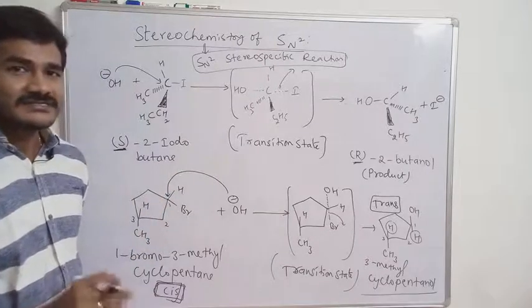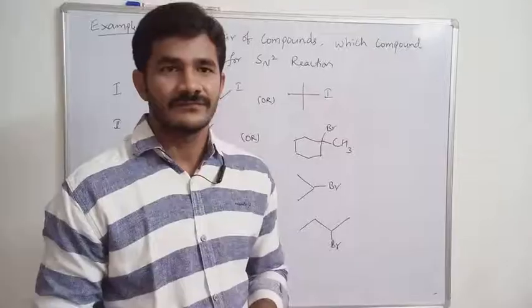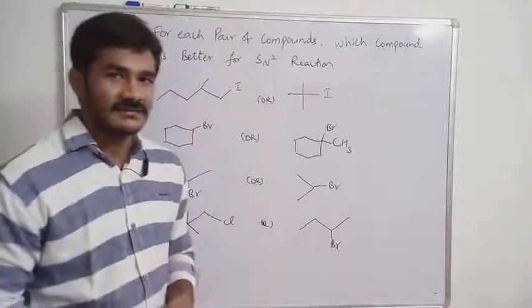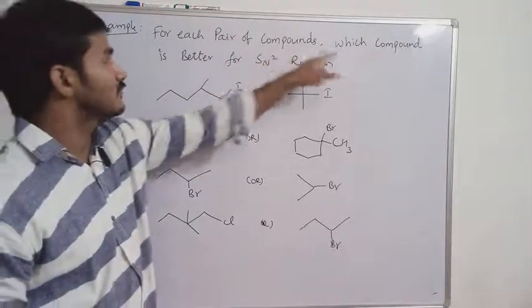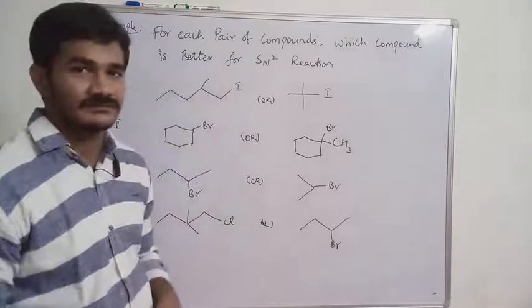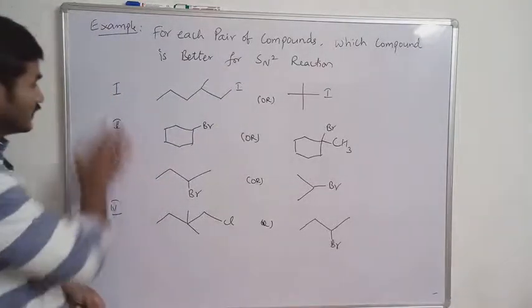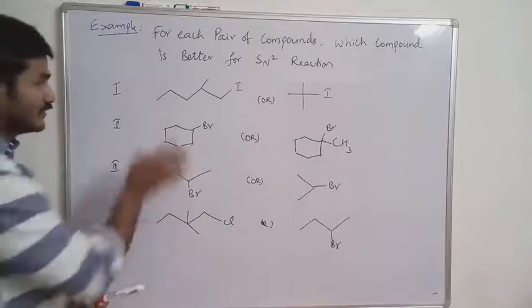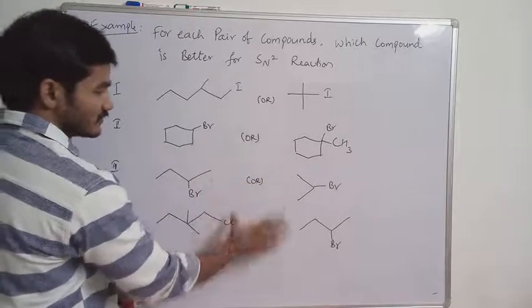Now let us see some examples. For each pair of compounds, which compound is better for the SN2 reaction? I have given 4 different pairs of examples: these two, these two, these two, and these two.